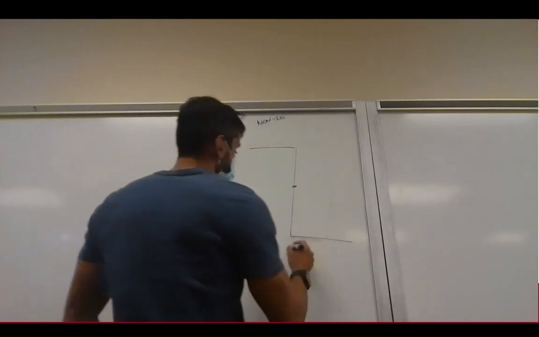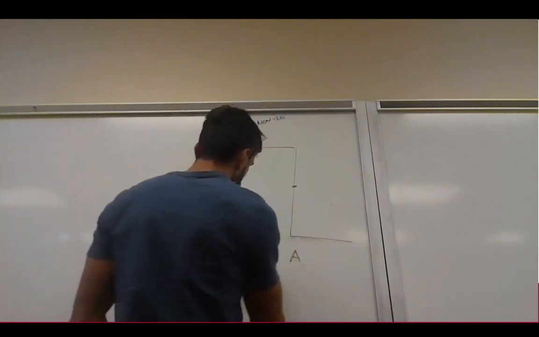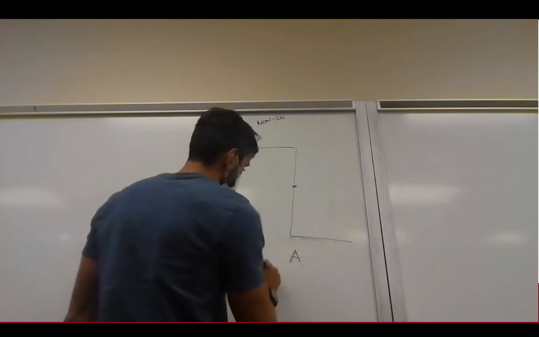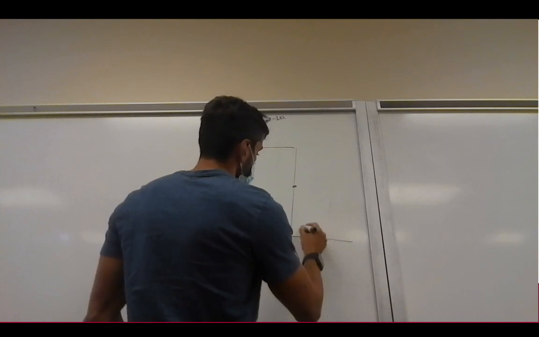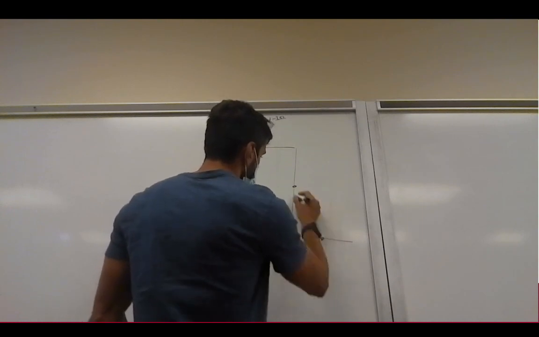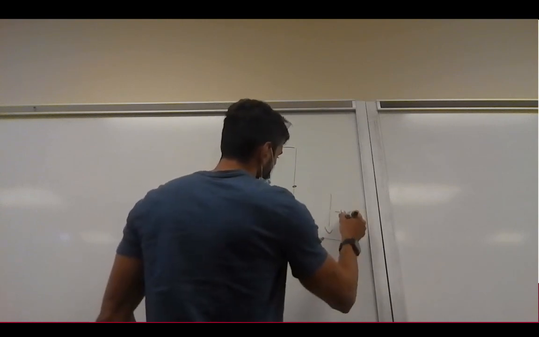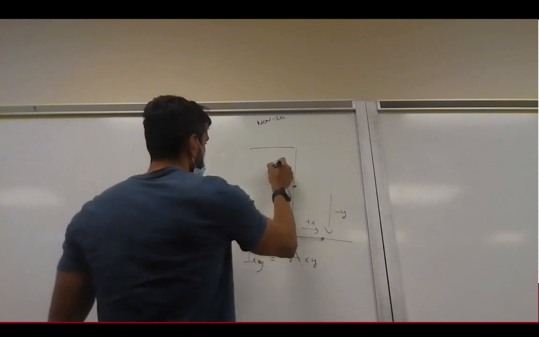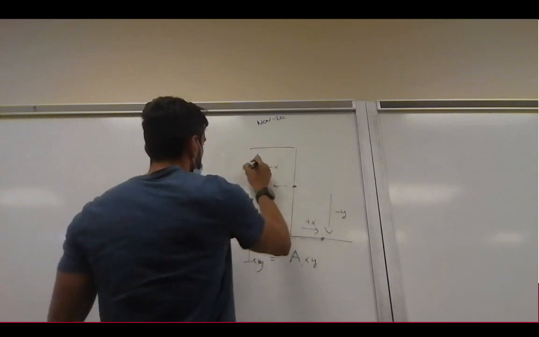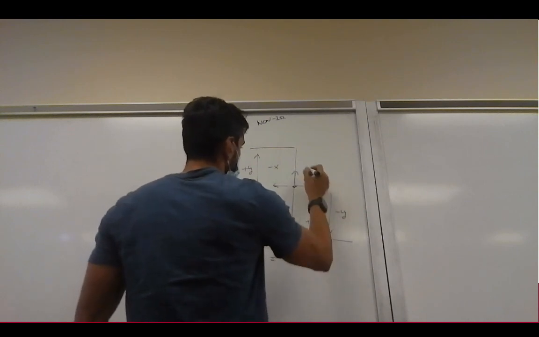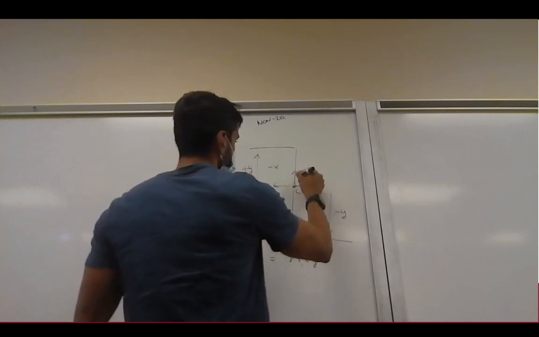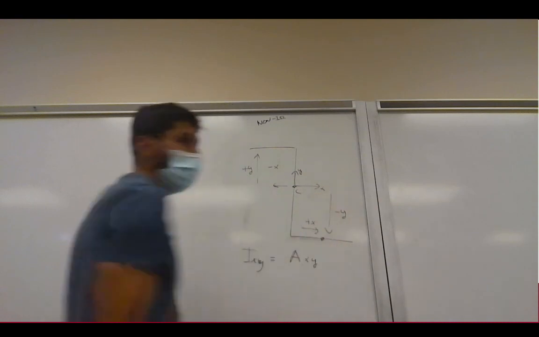Now, if we look at the AD or the XY, it will be A times X times Y. This X is positive, so positive X, and Y is negative Y. Here we have negative X, but positive Y, because this is our centroidal coordinate system. So this is how positive Y and positive X are defined.